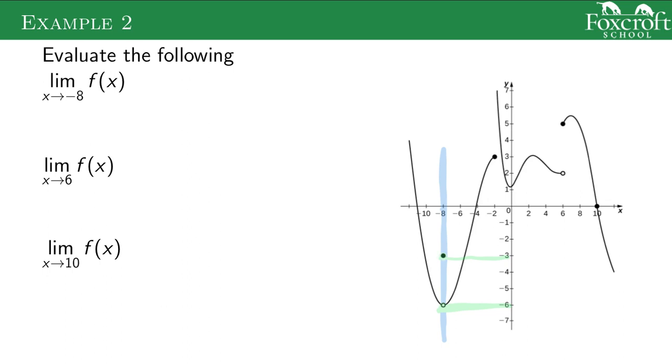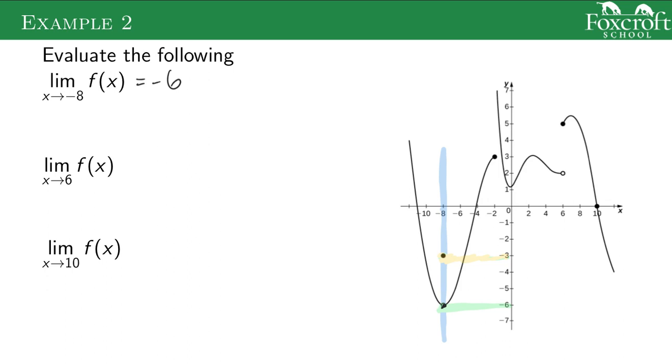So this single dot all by itself actually doesn't affect the limit at all. A single dot's not going to change the limit, but a lot of values, a full line, will. So we can ignore this dot at -3, and our limit is just -6. That one dot being separate from everything else doesn't really change what the value should be. The value should be this dot right there at -6.